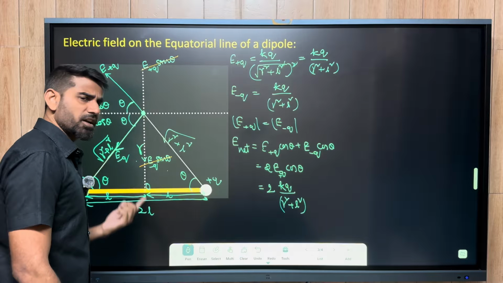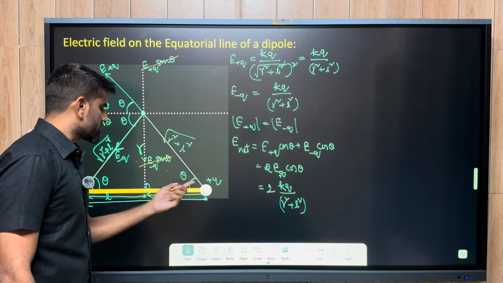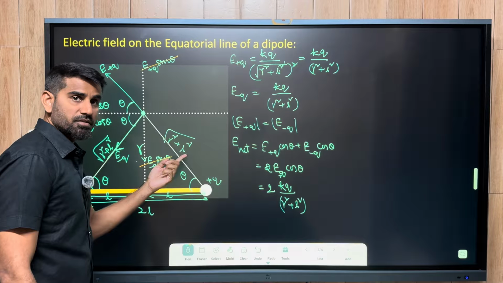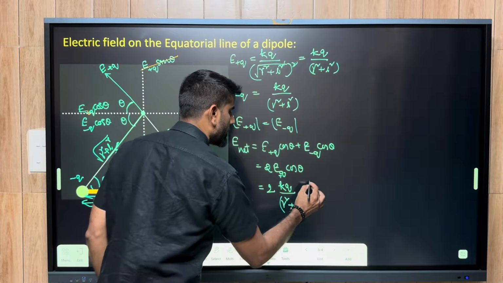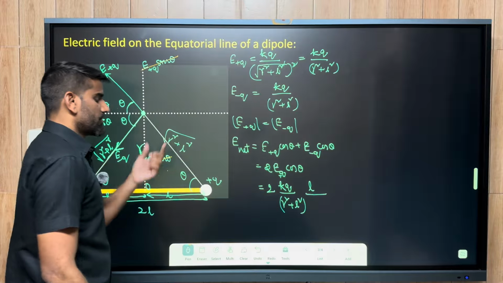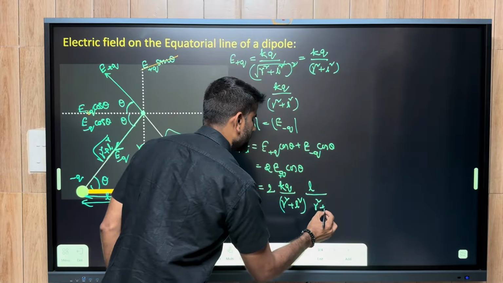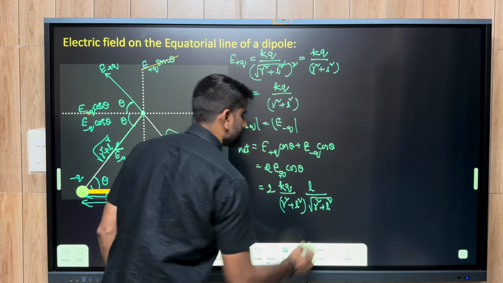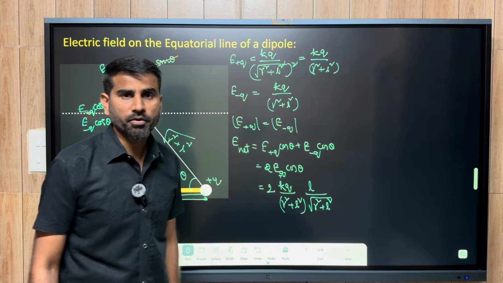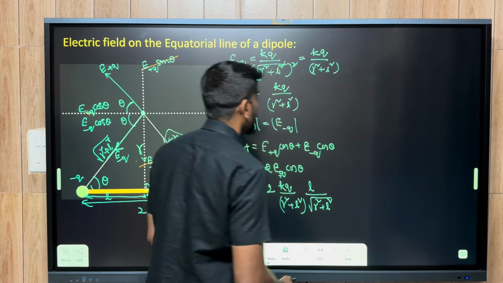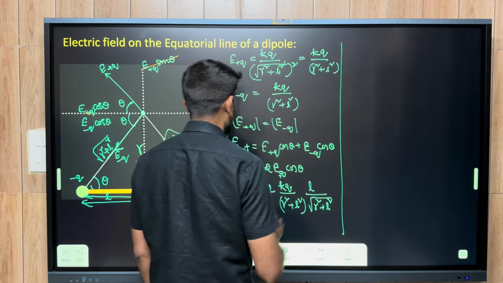From this triangle, any of the triangles you can take, cos theta is equal to adjacent upon hypotenuse, right? So cos theta can be written as adjacent L by hypotenuse, square root of r square plus L square. This root can also be represented with the whole power 1 by 2. Now let's simplify this equation further.